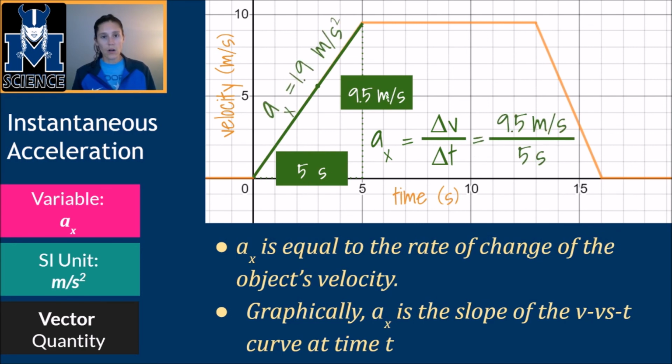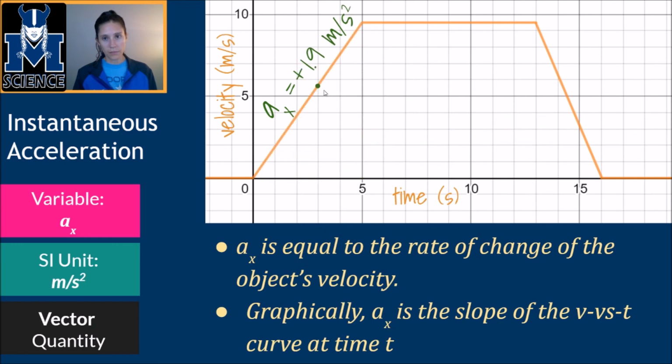Our instantaneous acceleration at 3 seconds is 1.9 meters per second squared. That happens to be the same as the average acceleration in this case, because it was a straight line.